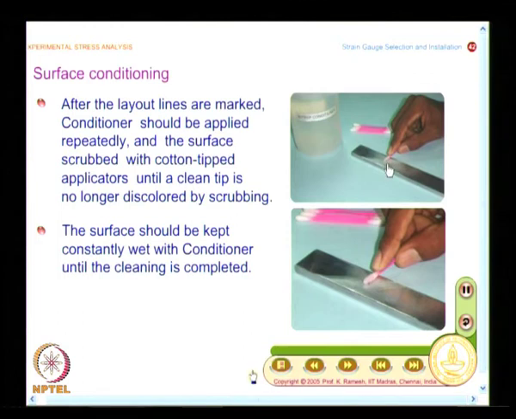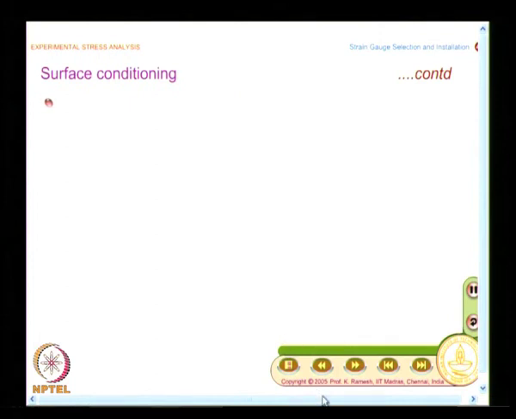Here again you should maintain the surface constantly wet with conditioner until the cleaning is completed, because you do not want to allow the conditioner to evaporate, and as seen before you need to wipe it dry.